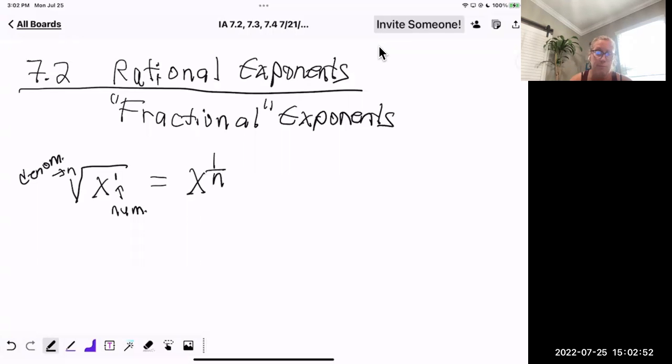It's a fraction. My numerator is the power of whatever's on the inside, and n, whatever root I have, is my denominator. So if I have the third root of 2, 2 is to the first power. It really would be 2 to the 1/3 power.